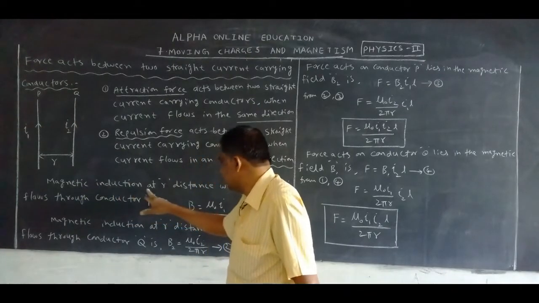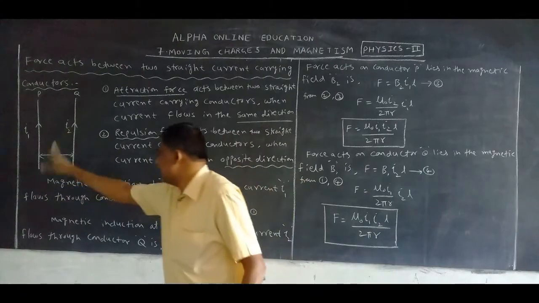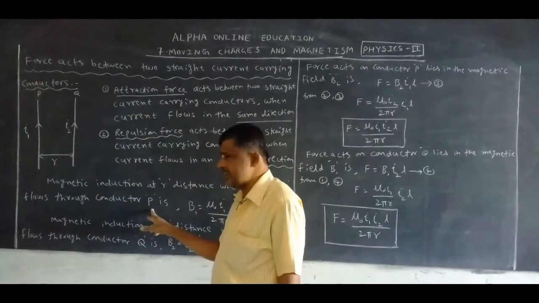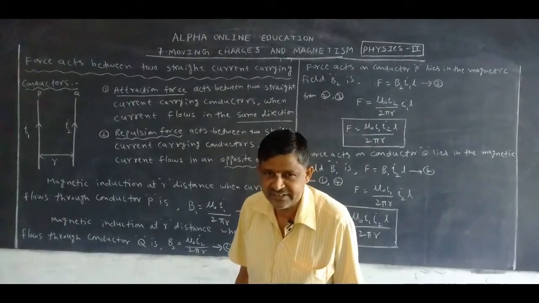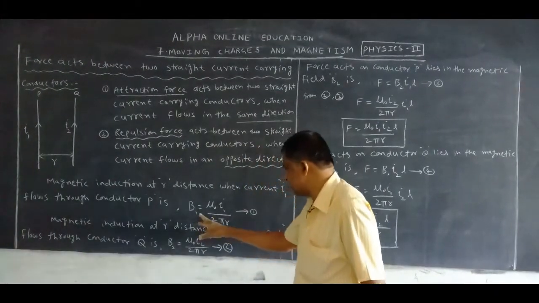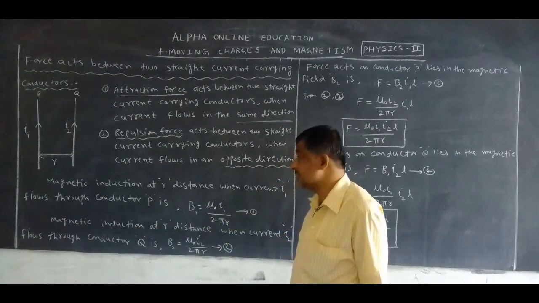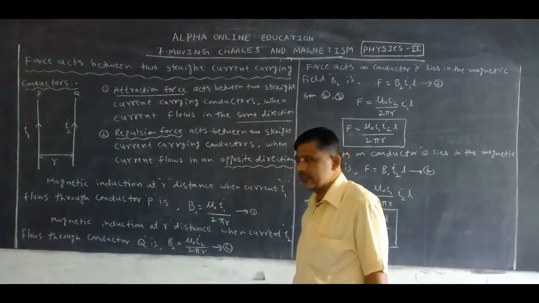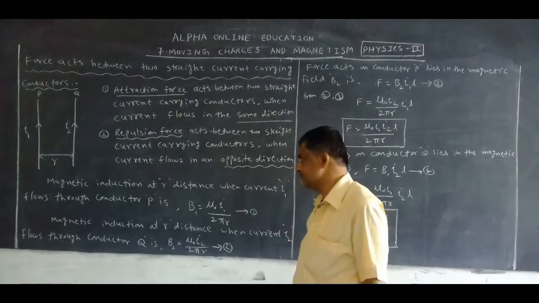For a straight conductor, B1 is equal to mu 0 I1 by 2 pi r, equation 1.